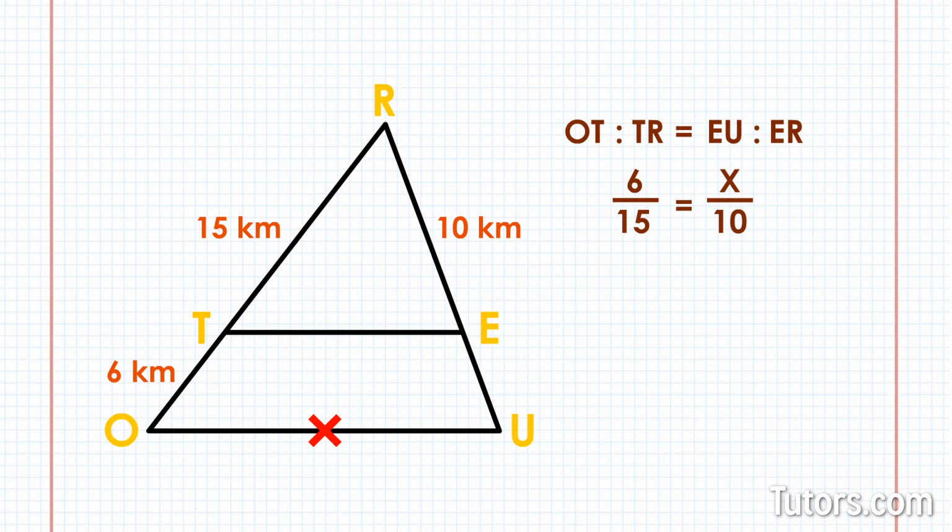You can use cross-multiplying and division, or you can multiply both sides times 10 to isolate X. To cross-multiply and divide, we take 6 times 10 and divide by 15, which equals X. Or we can multiply both sides times 10 to isolate X, like this. 60 divided by 15 equals X. Simplified, X equals 4. The distance from E to U is 4 kilometers.